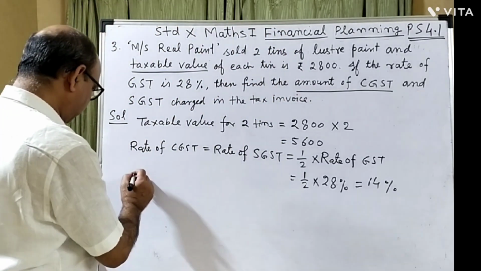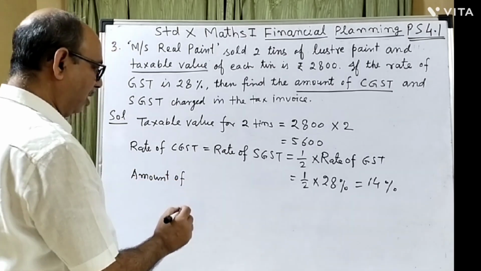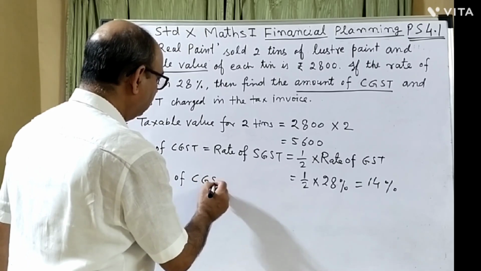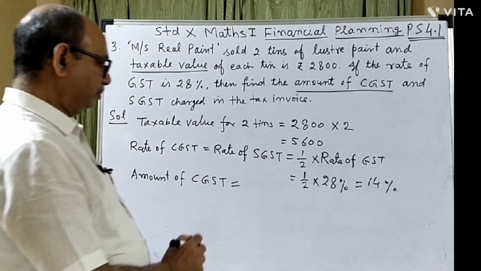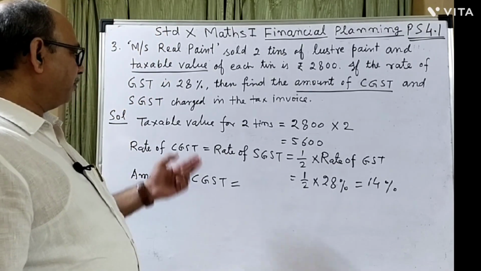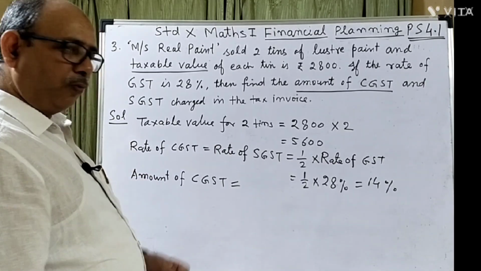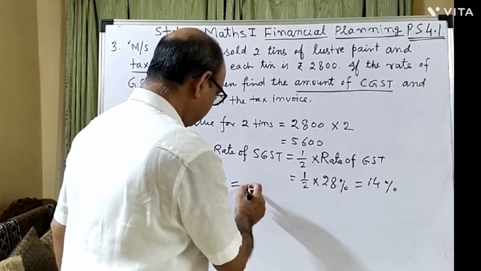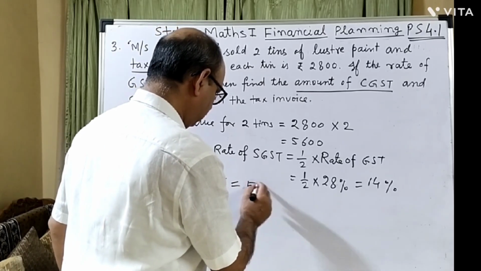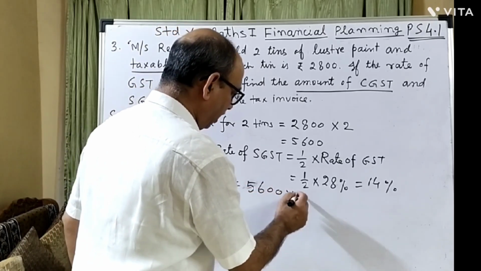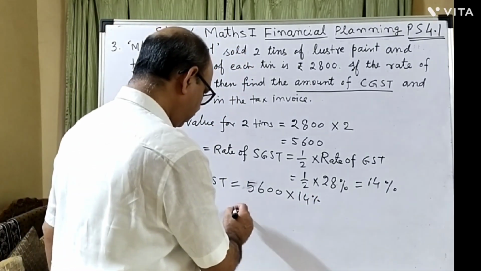Therefore, amount of CGST will be equal to 14% of the taxable value, total taxable value, that means taxable value of two tins. 5600 multiplied by 14%.